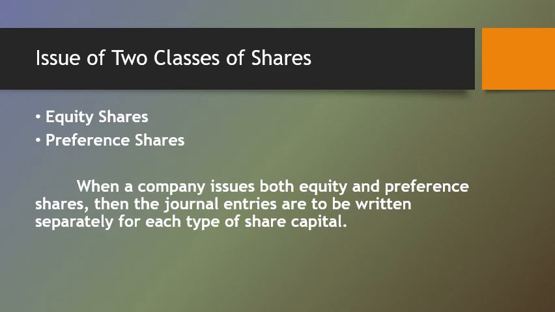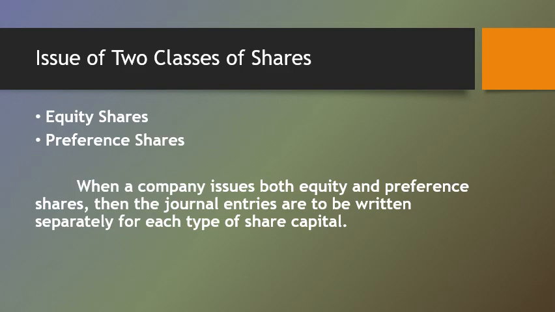When the shares are issued at a price higher than the face value, it is termed as issued at premium. And when the shares are issued at a price less than the face value, it is termed as issued at discount. So that section is over.